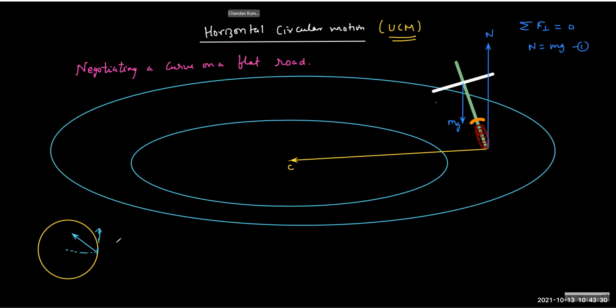That's it. So now the next question is, if it is acting towards the center, which friction is this? Is it static or kinetic? Kinetic. So why is it kinetic? What prompted you to say it's kinetic?